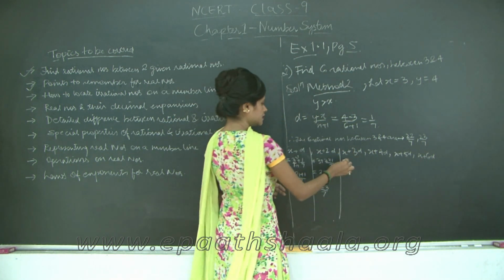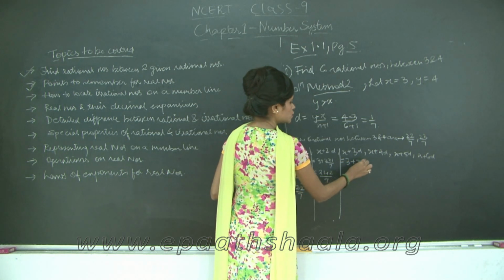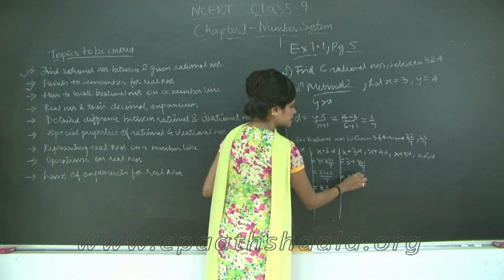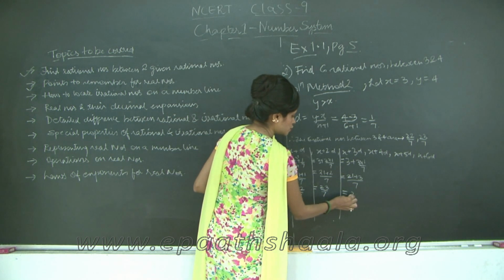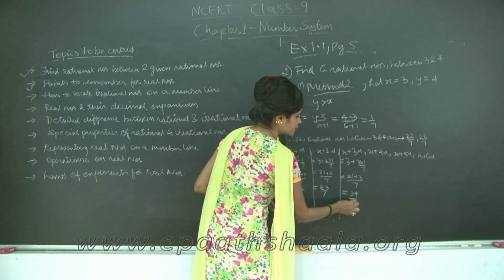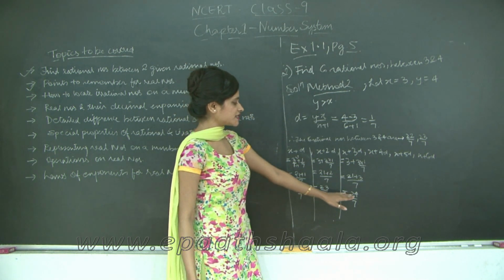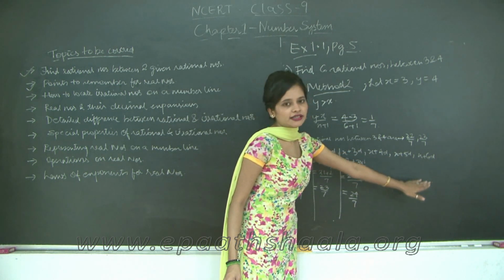Now, x plus 3d, this is equal to 3 plus 3 into 1 upon 7. So, 21 plus 3 upon 7, which is 24 upon 7. So, in this way you will notice that this is 22 upon 7, 23 upon 7, 24 upon 7. So, this will be 25 upon 7, 26 upon 7 and 27 upon 7.